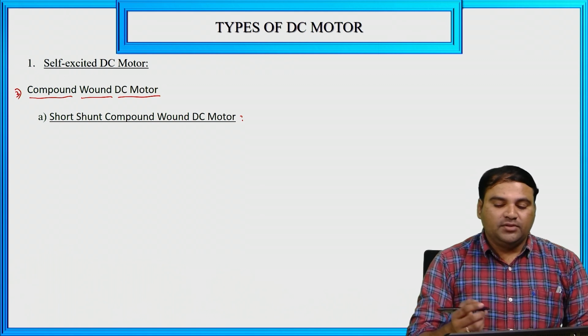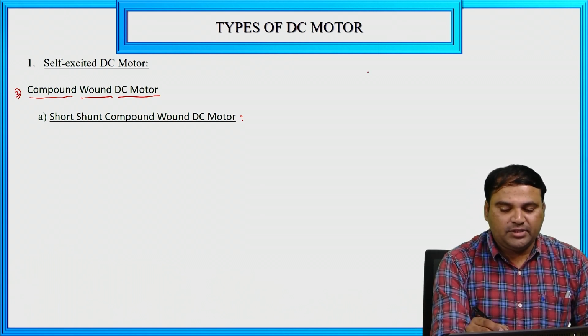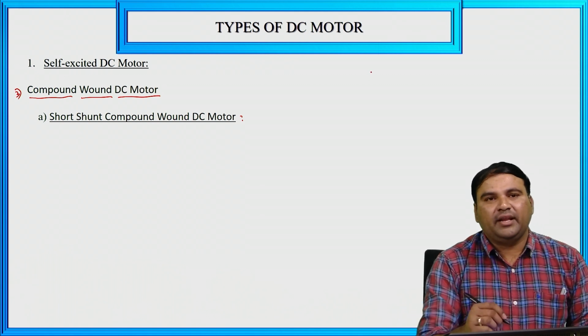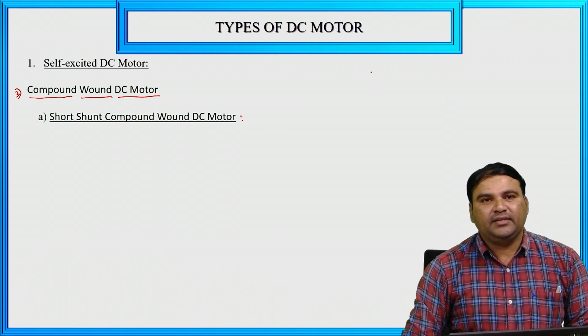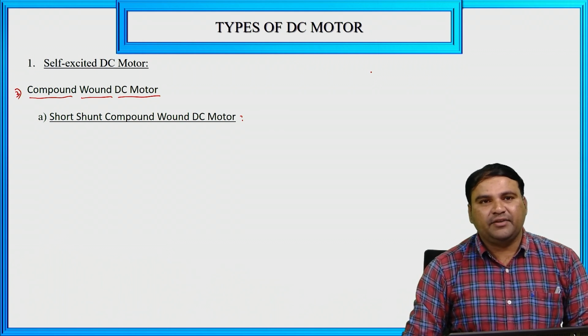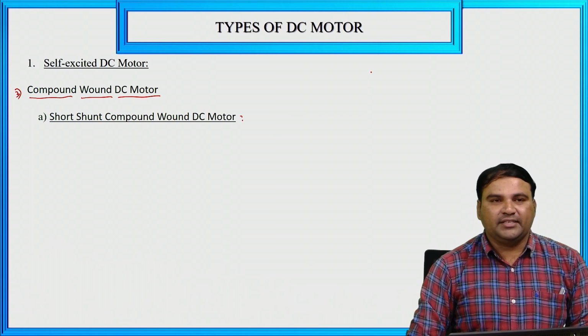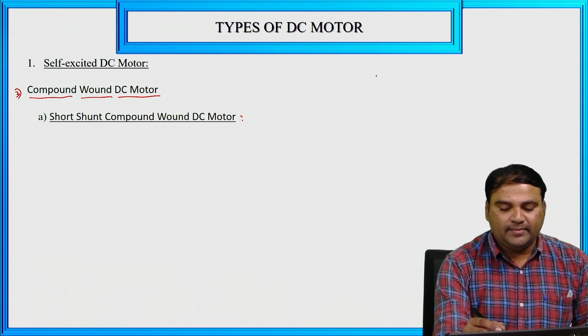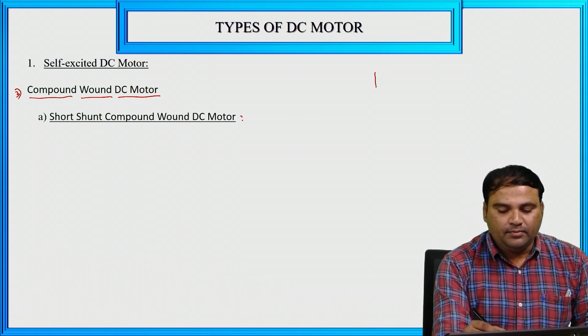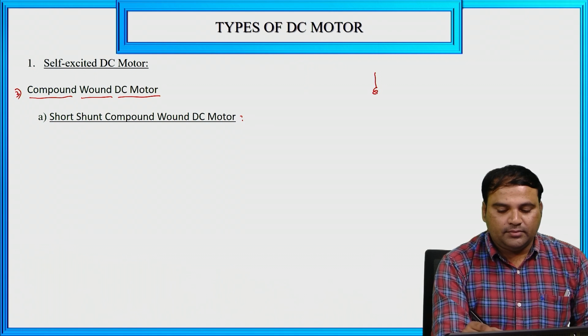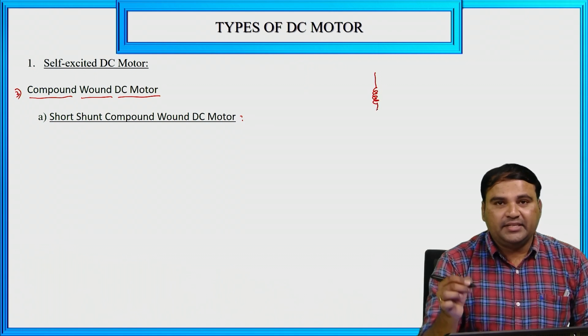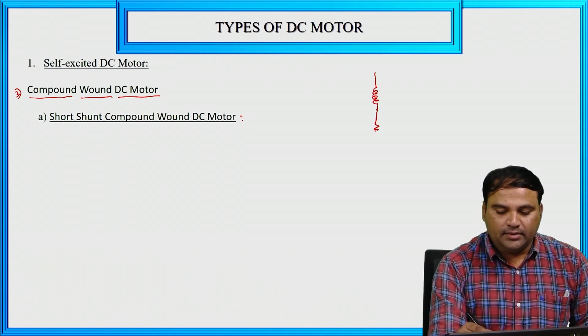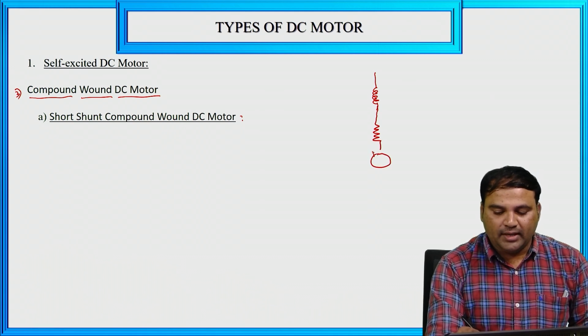In this short shunt compound wound DC motor, we have the armature winding, series field winding and shunt field winding. These are all connected in parallel connection. Here are the series field winding and armature, and here is the motor.